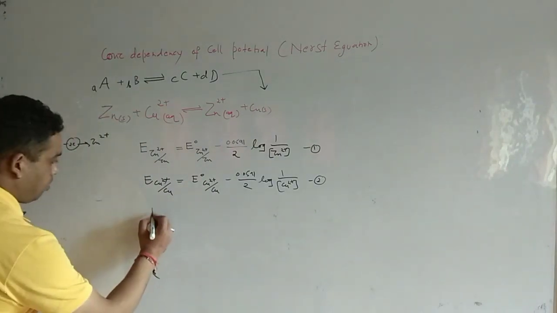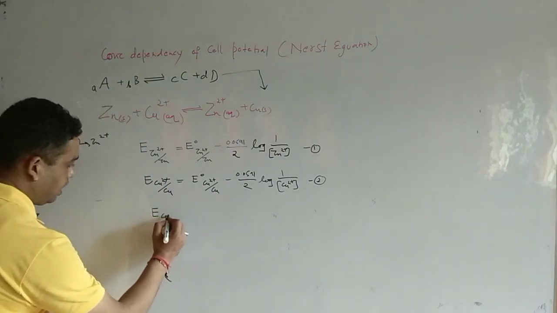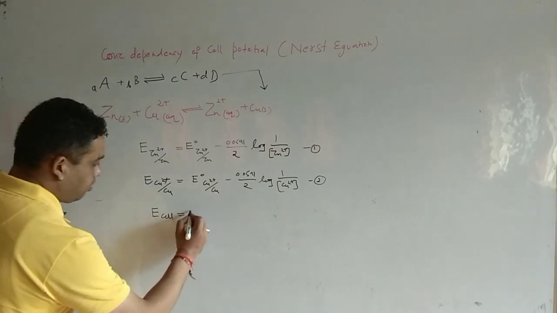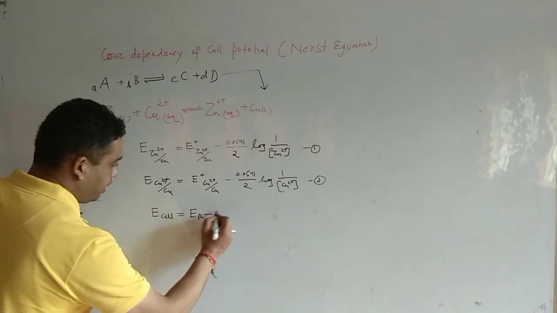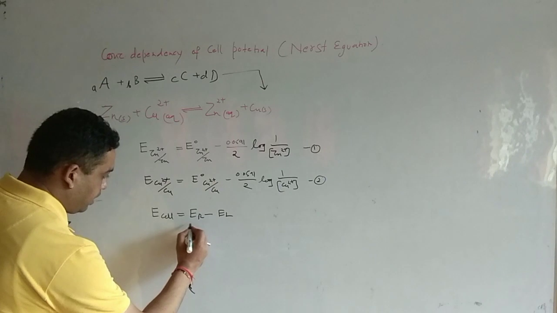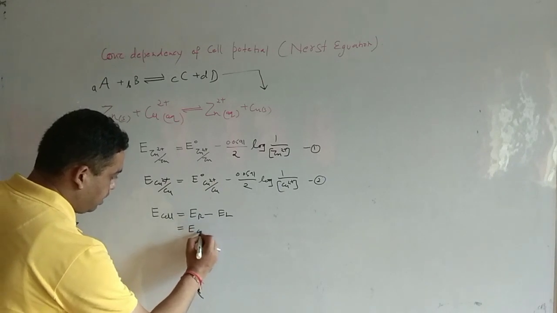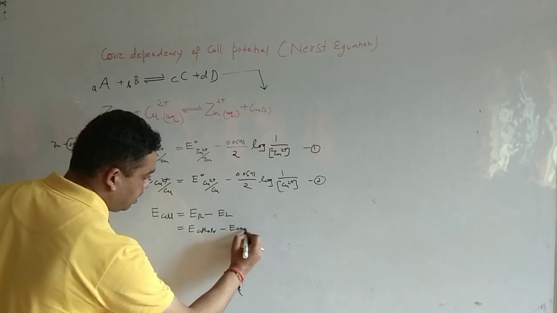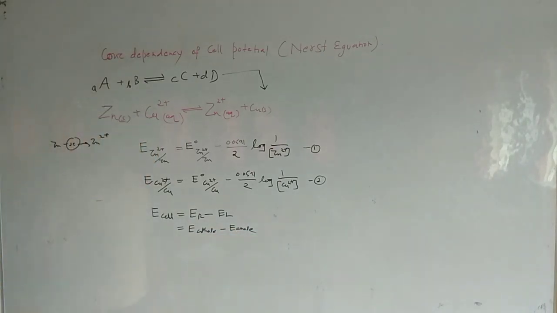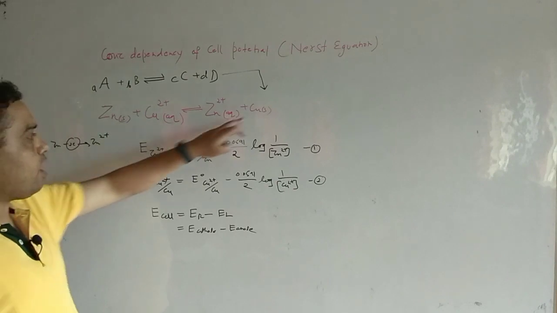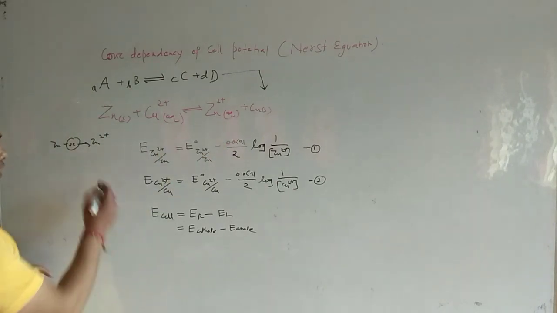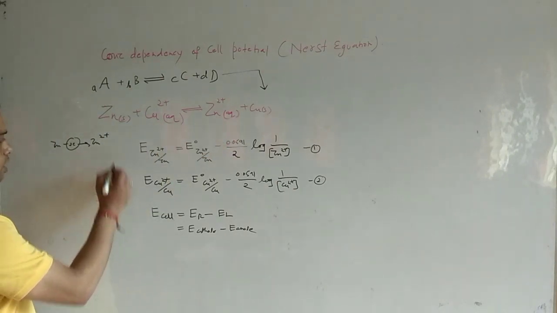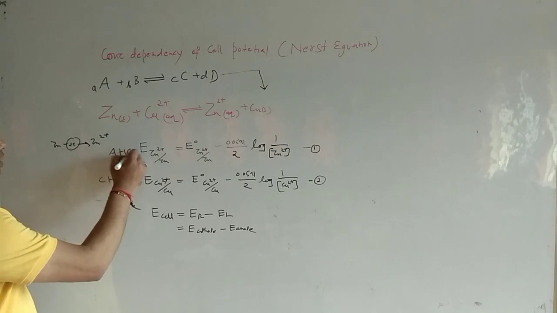You know how I can calculate the E cell? E cell I can calculate as ER minus EL, that is E cathode minus E anode. In this particular cell, this copper half cell is your cathode half cell, and this is your anode half cell.